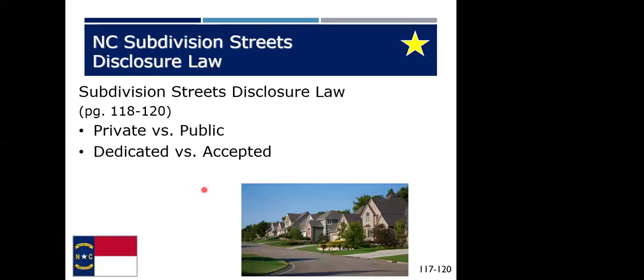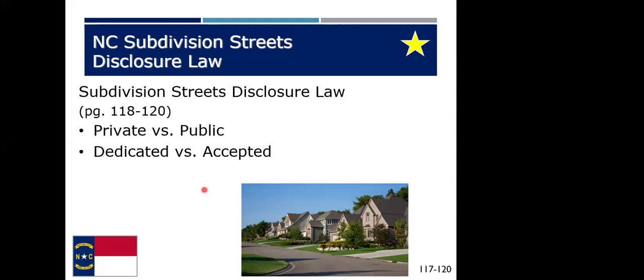And if they don't do it per DOT's instructions, then they're not going to accept the responsibility. So just because it may be dedicated for public doesn't mean we have acceptance or final approval until the developer is done and all that heavy equipment is out of there.